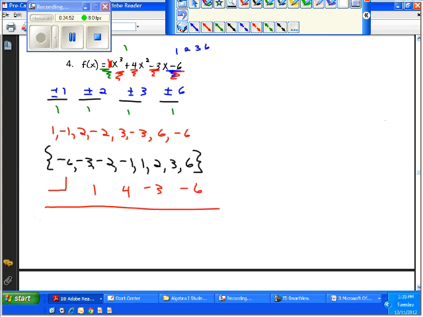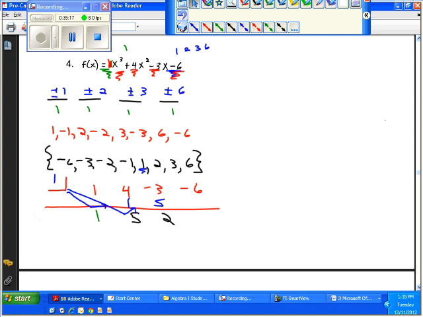So we'll just start with the 1. We would bring down and get a 1. We would multiply 1 times 1 and get a 1. And then we would add and get a 5. And then we would multiply and get a 5.